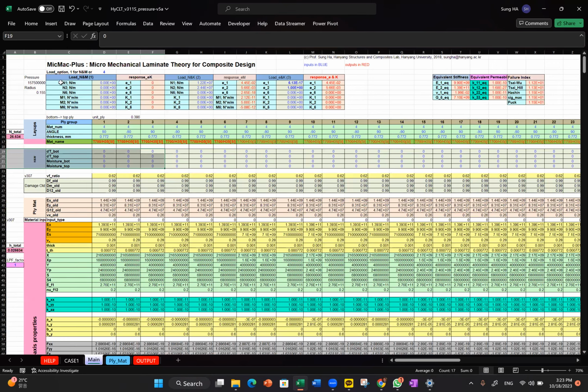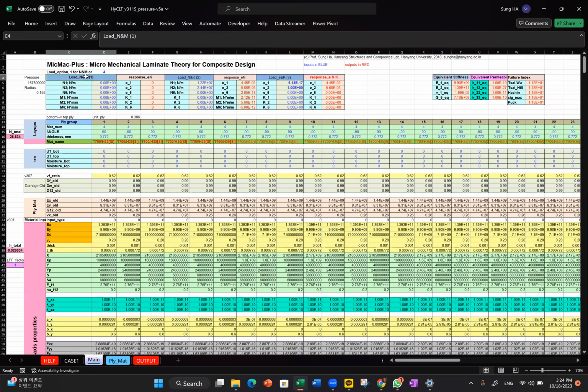And on top, we have the three in-plane loads and three bending loads. And there are four choices as an input. We call it load option. If we enter number one, it means we're going to enter this one as the input.